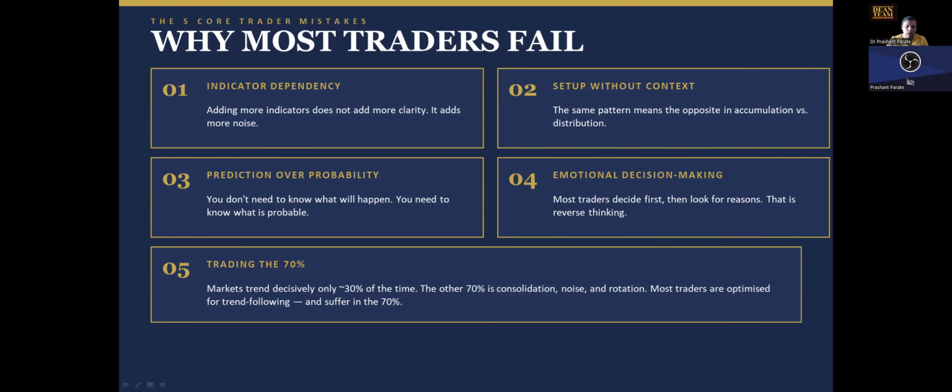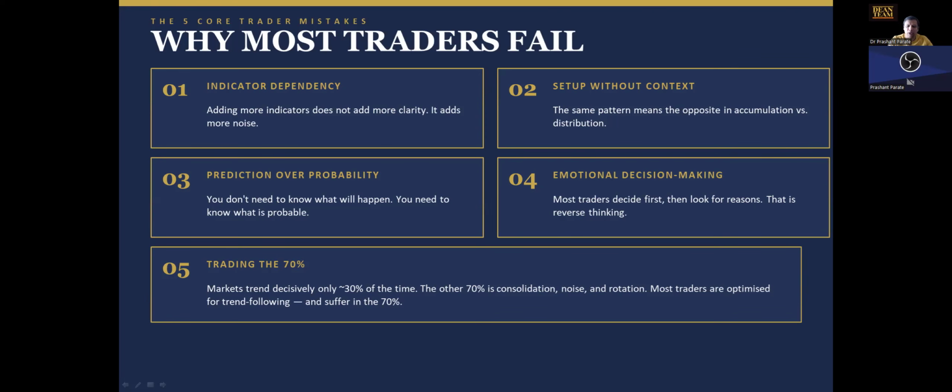Even a simple 20-50 moving average crossover can be useful. But if it is not the right time, then that will fail. So we have to understand the structure of the market, how markets are created, how they are designed. If we understand that, then it will be helpful.